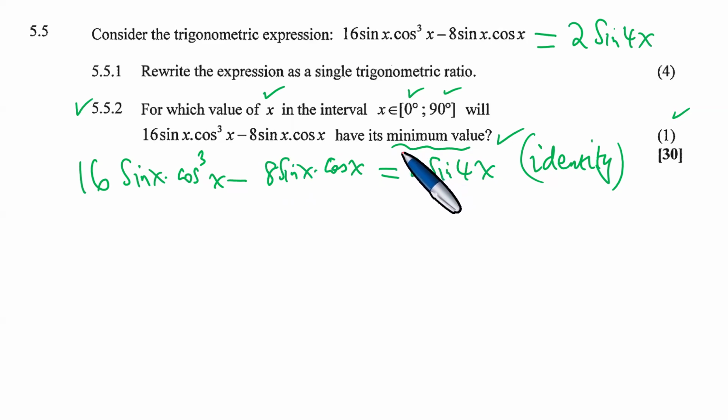Minimum value. So obviously we're thinking. You need to think and reason. What do you think? It's tricky. It's tricky.